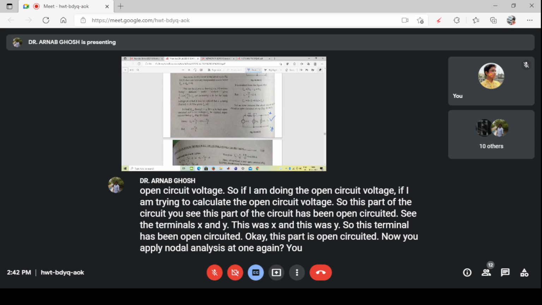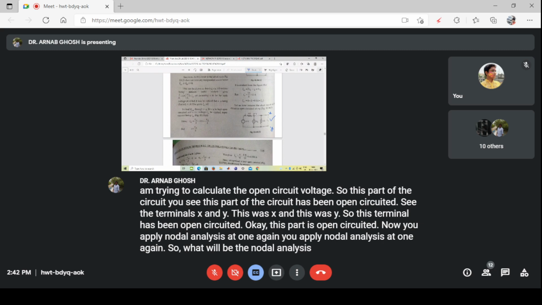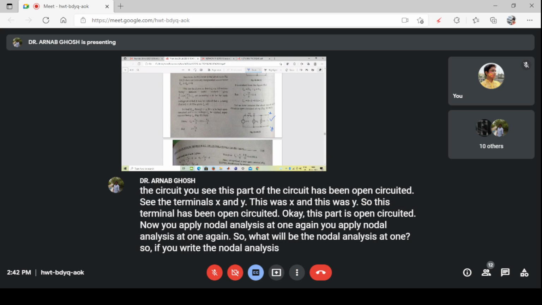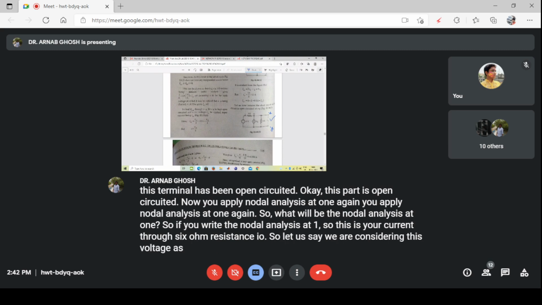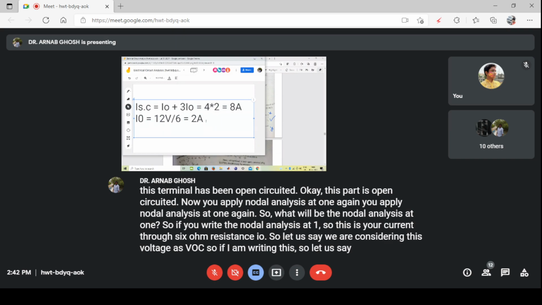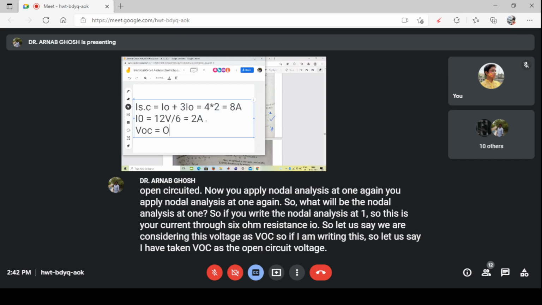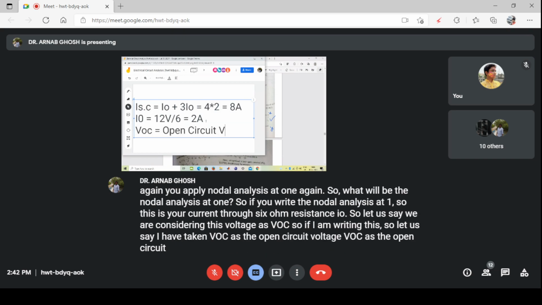So if you write the nodal analysis at 1, this is your current through the 6 ohm resistance, I0. Let us say I have taken VOC as the open circuit voltage. So applying nodal analysis at node 1.